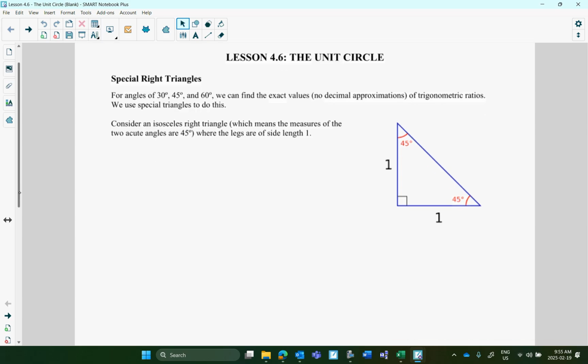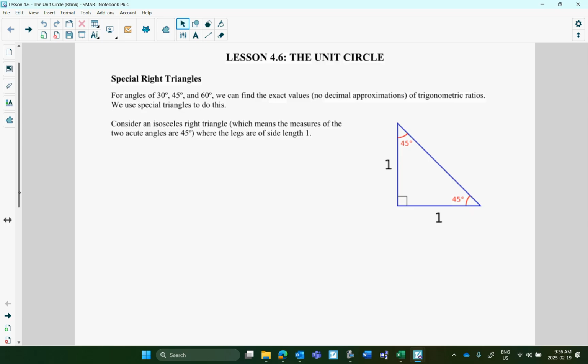One last thing before we start learning how to do the trig stuff, actually two more things, is certain right triangles that have certain common acute angle measures. So remember I said 30 degrees, 45 degrees, and 60 degrees were common. Well, here is a right triangle.